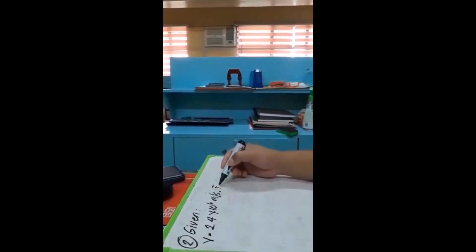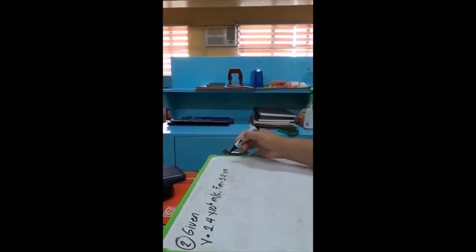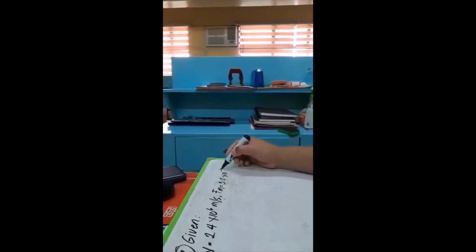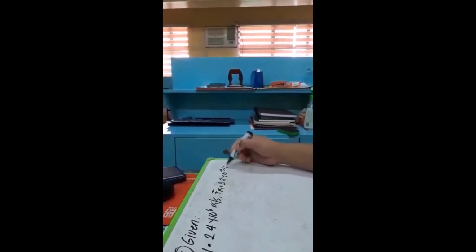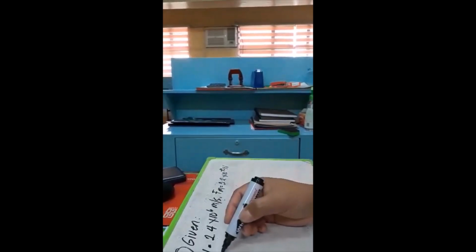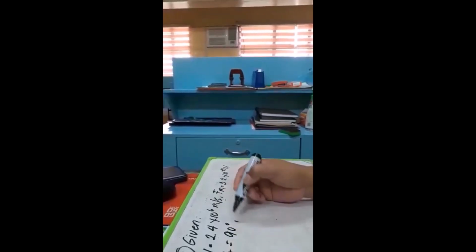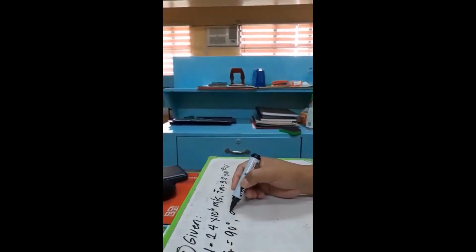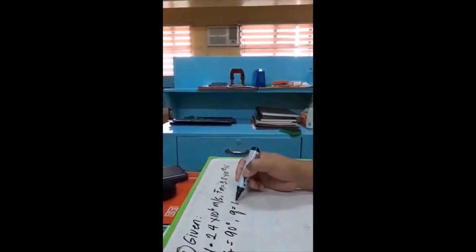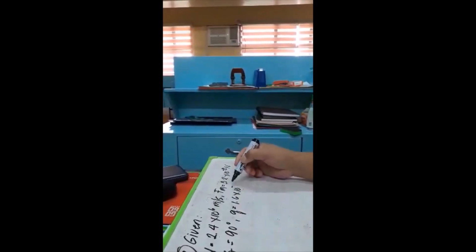So Fm, which is equal to 3.2 times 10 raised to negative 13 Newton, followed by our angle, which is 90 degrees, followed by our electric charge, which is 1.6 times 10 raised to negative 19 coulomb.